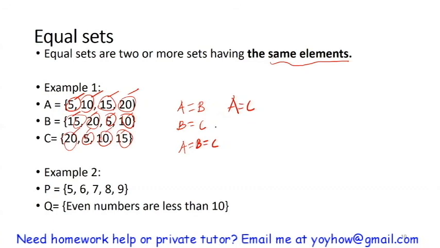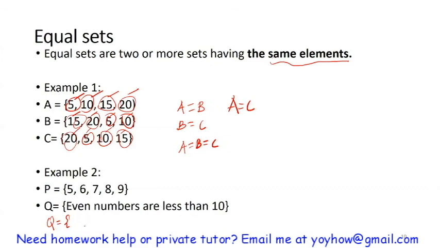All right, so we look at example 2. Here we have 5, 6, 7, 8, and 9 as the first set, P. Then we have Q, even numbers less than 10. Let us list out Q first.